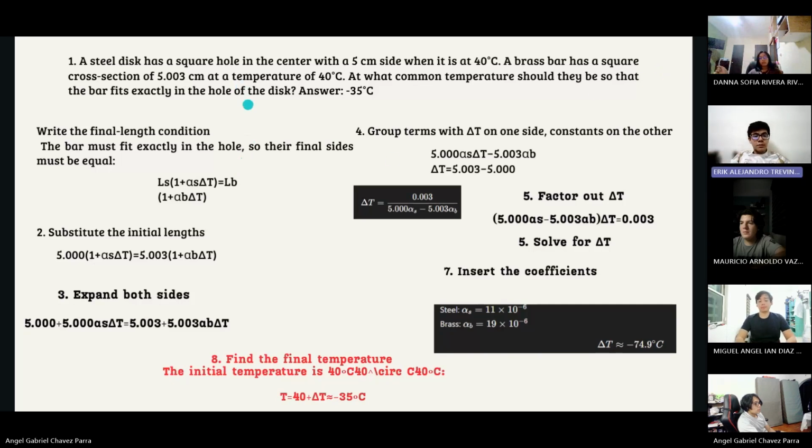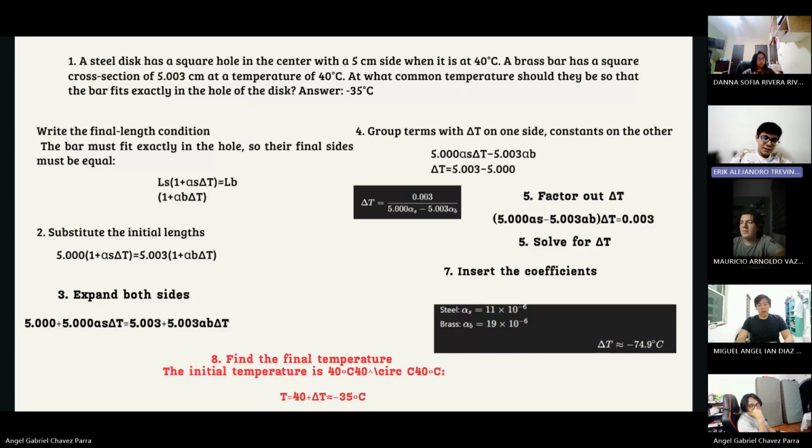First, we are going to write the final length condition. The bar must fit exactly in the hole, so their final sides must be equal: length a multiplied by 1 plus this formula equals length b.